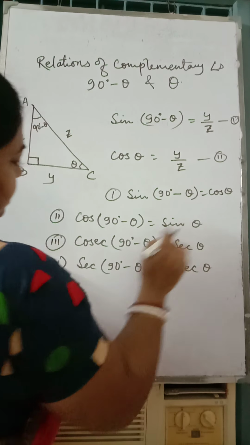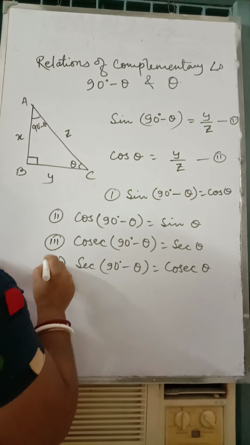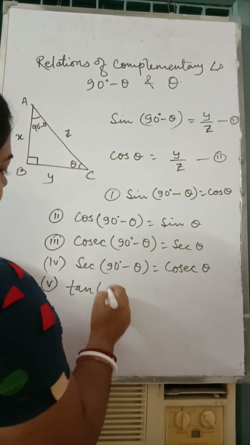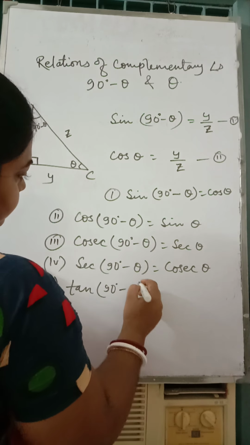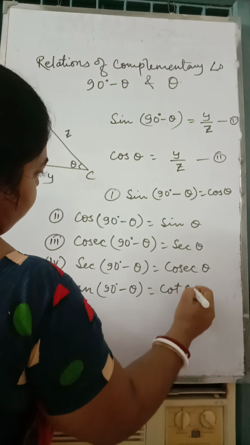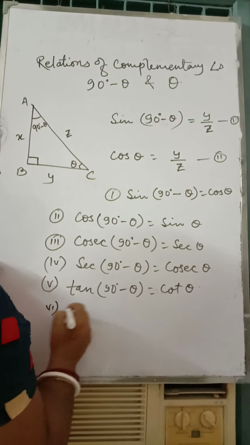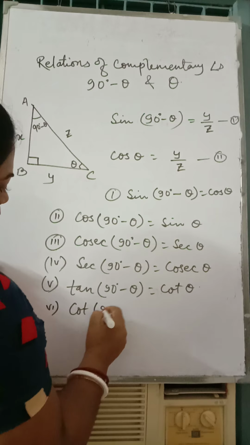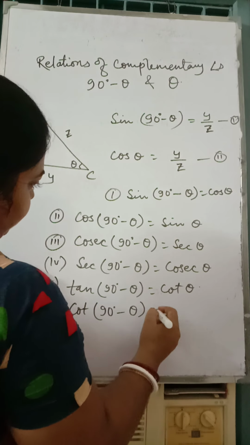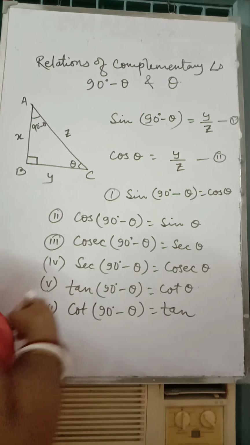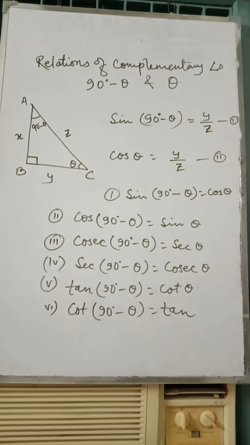The sine and cos are vice versa. And tan and cot: tan 90 minus theta is equal to cot theta, and cot 90 minus theta is equal to tan theta. These are the 6 complementary relations, and this exercise 19D is based on it. Is it? So let us begin exercise 19D.